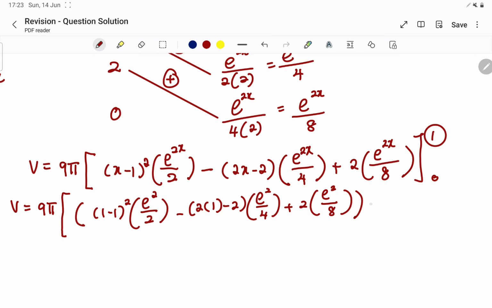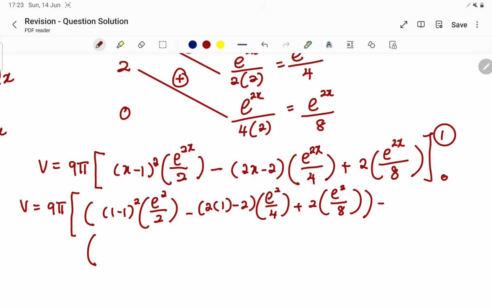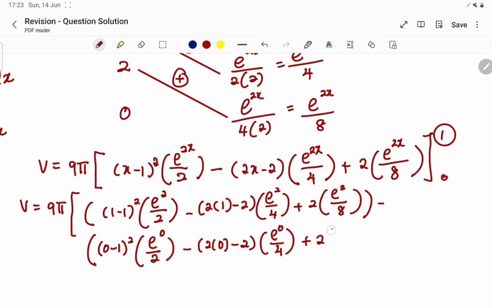Then minus, with 0 we have (0 minus 1) squared e to the power of 0 divided by 2, minus (2 multiplied by 0 minus 2) e to the power of 0 divided by 4, plus 2 e to the power of 0 divided by 8. You have it like this.